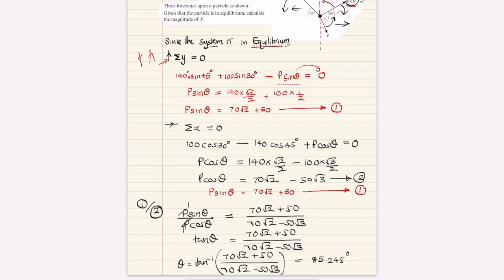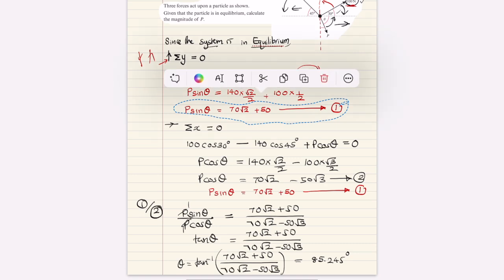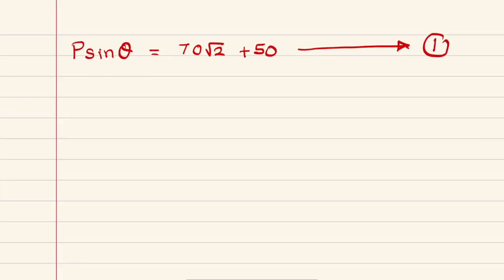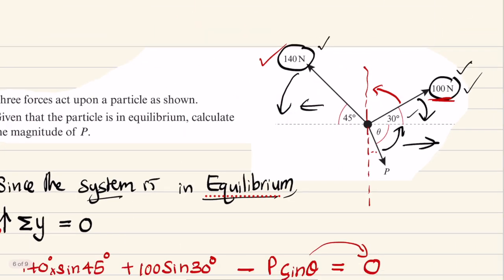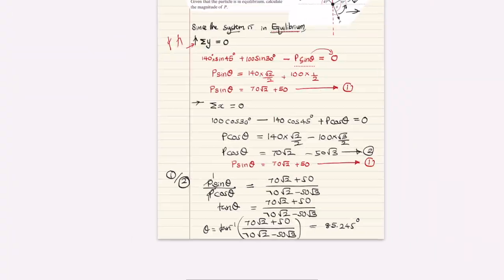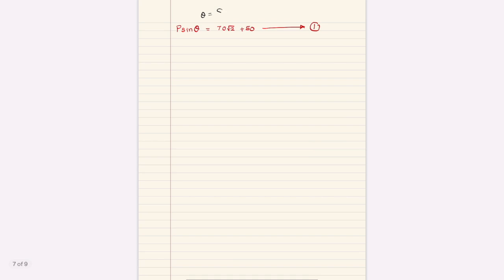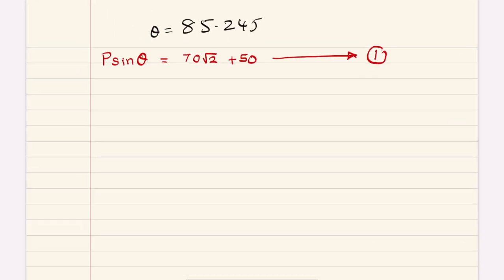I'll copy down equation 1 to my next part of the calculation, because they are only asking for the magnitude of P. I'm going to get that equation down here. Now we all know the theta value is 85.245. Now let's see how to find P.